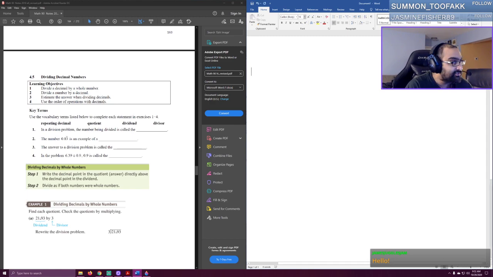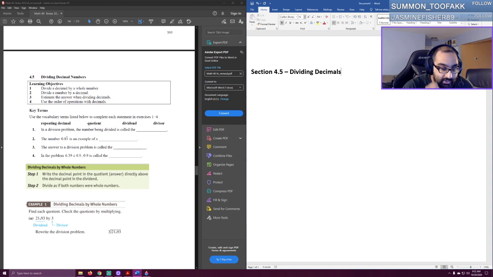This talks about section 4.5, which is dividing decimals. Now there's a lot of things in dividing decimals that we're going to have to get to know. So we'll get to know how those things work out. It's really not too hard. It's just, again, just have to make some adjustments. That's all.